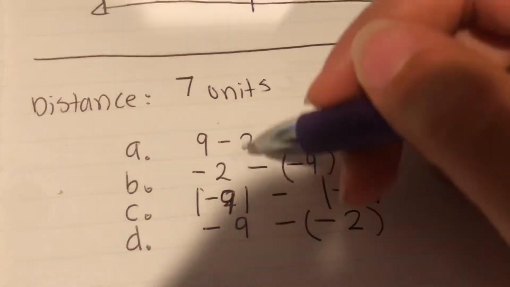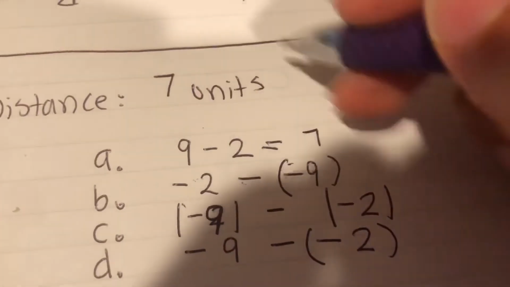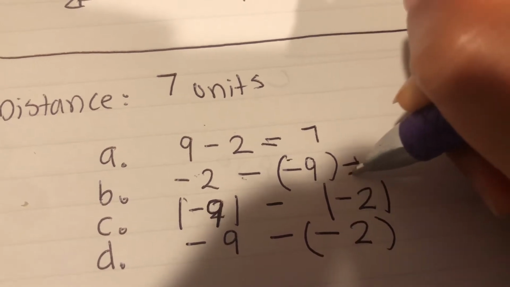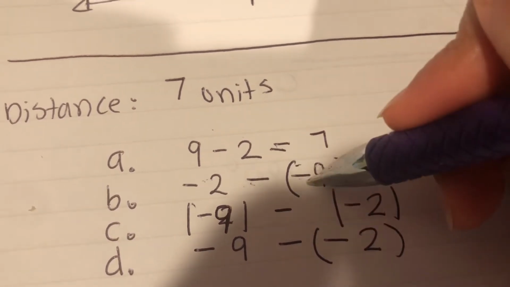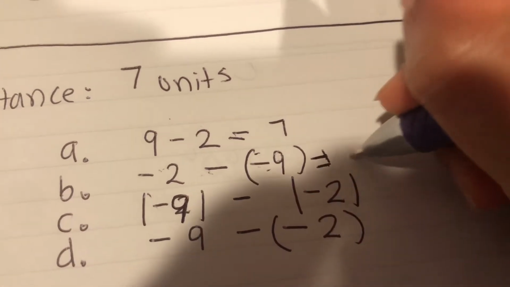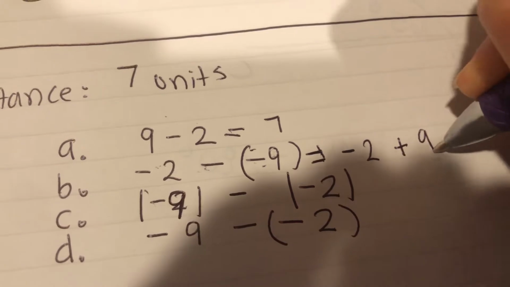Now, second one. What we have is -2 minus -9. Remember in the first problem, what we learned is that taking away a negative, so subtracting a negative, means a positive. So that's actually the same as -2 plus 9.